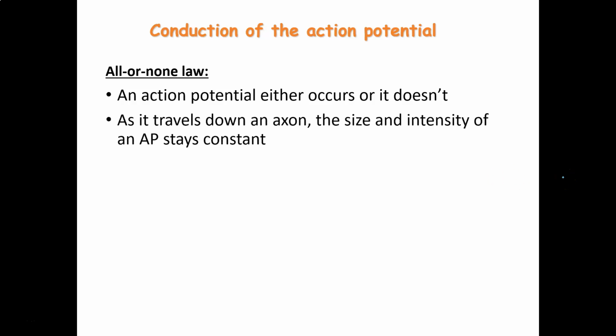Once an action potential occurs, it travels down the entire length of the axon. There's no stopping it unless you administer a drug to stop it. And the size and intensity of the action potential, that's what AP stands for, stays constant.